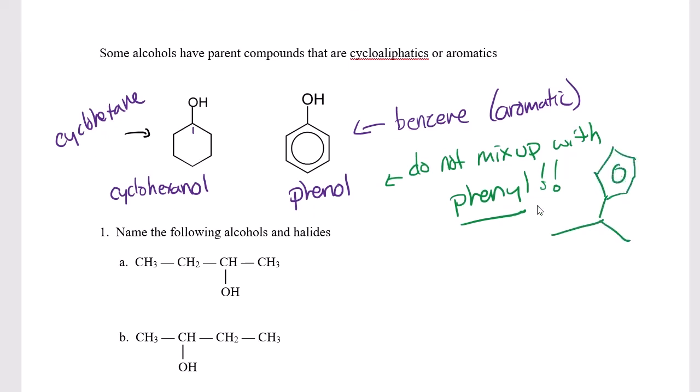This thing is a phenyl, so this molecule would be called 2-phenylpropane, right? So do not mix up phenyl, which is benzene as a group, with phenol, which is benzene that's been substituted with a hydroxyl. Okay, so you've got some practice down here. Try the alcohols and halides, and the answer key will be posted.